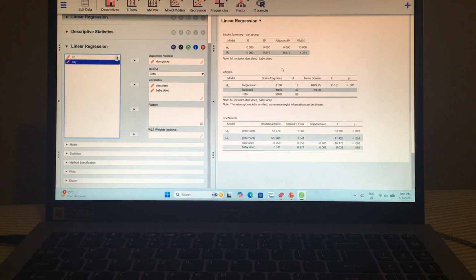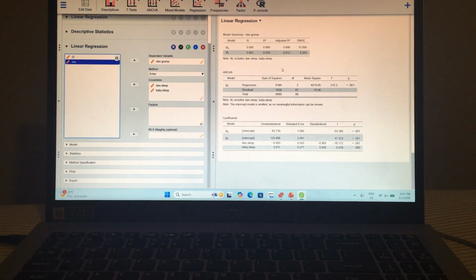So plugging in these values, we have 100 minus 1 because we have n number of values, and then in the denominator 100 minus 2 minus 1, okay, and that comes out to 1.021. Multiply that times the 0.184, and then 1 minus that equals 0.812.